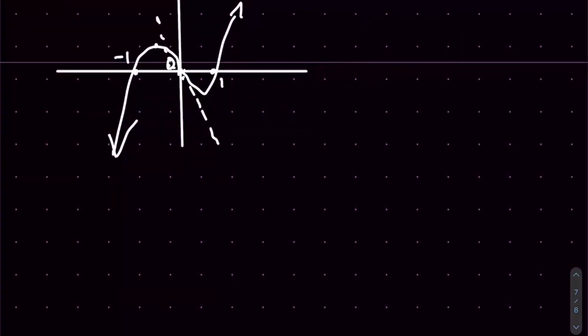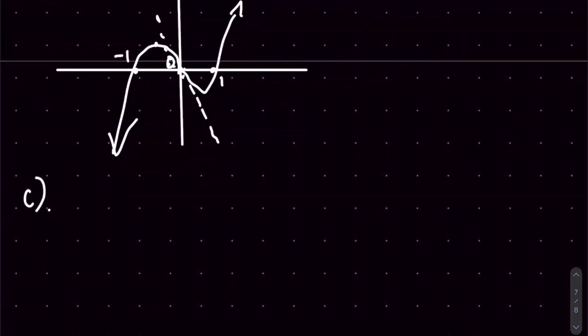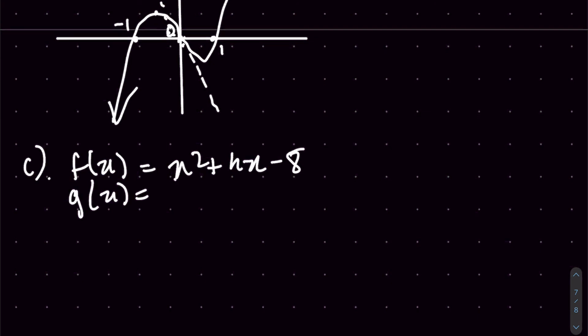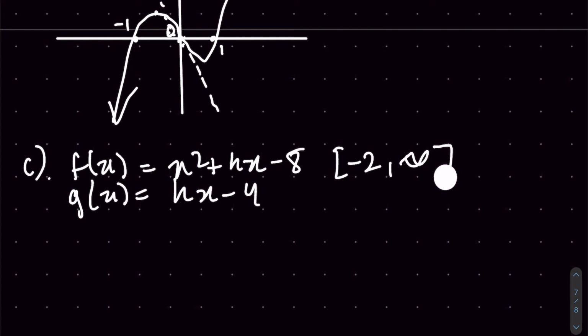Now, looking at part C, we have two functions, f of x equals x squared plus kx minus 8, and g of x equals kx minus 4. Each of them having their domains of negative 2 to infinity, and this one is from 2 to infinity.